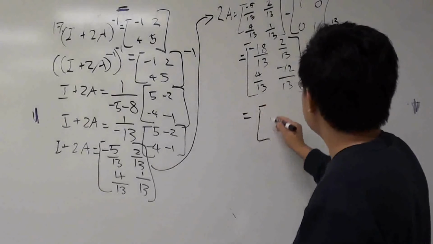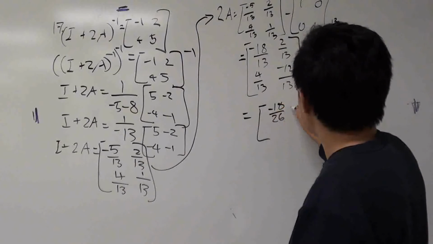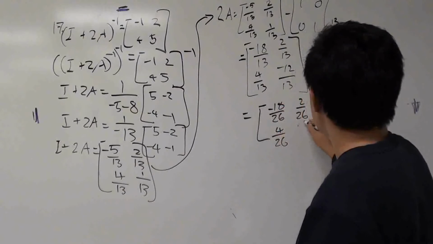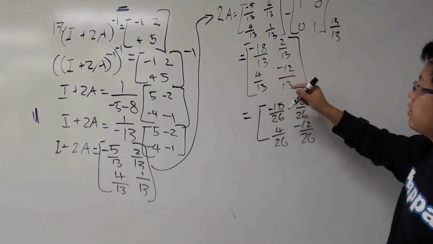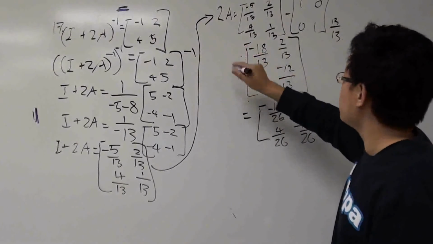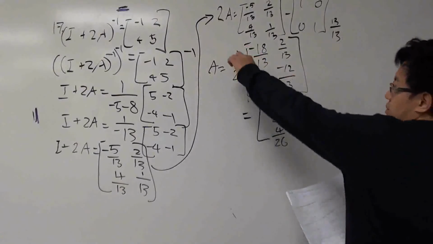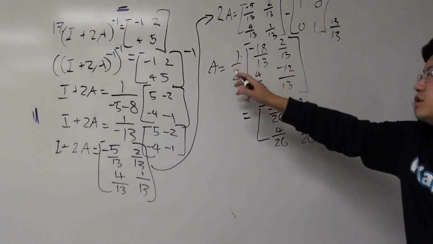Okay, so if that's the case, then it's going to be 13 over 26, 12 over 26, 4 over 26, 12 over 26, because I'm dividing by 2. The reason is that A equals 1 over half, right? So I'm just multiplying the top and the bottom, and there's nothing on the top.